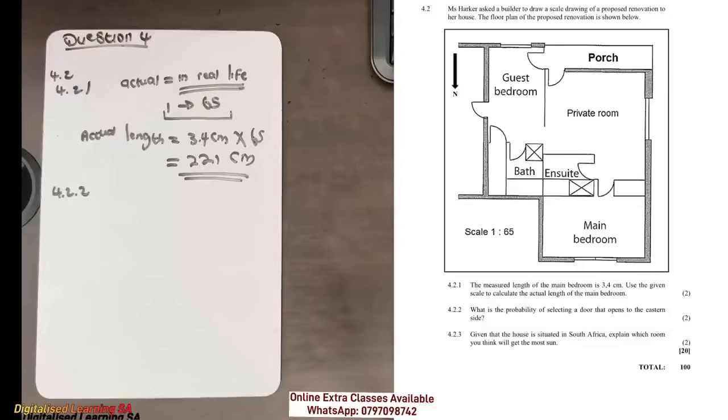Question 4.2.2 says: what is the probability of selecting a door that opens to the eastern side?